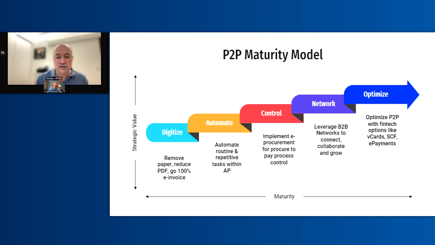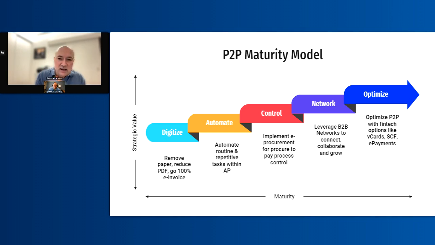We did ask the survey questions earlier. Where are you going to start? What are you going to do? For the most part, I don't know what the actual stats are, but I would guess fewer than half do a big bang P2P process. There's a starting point.